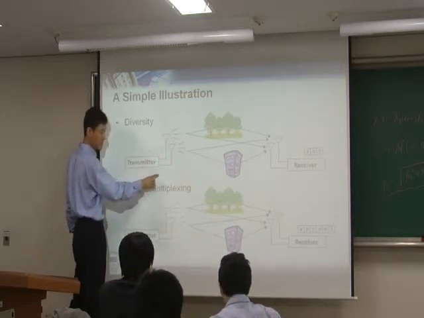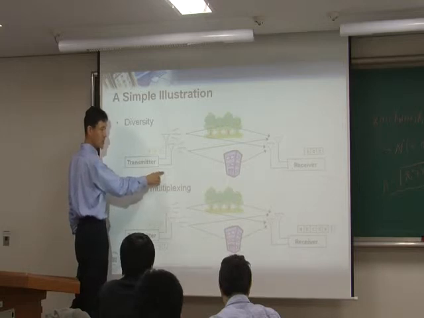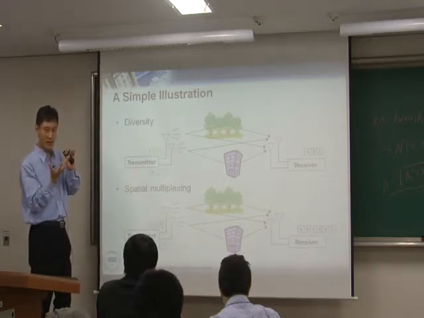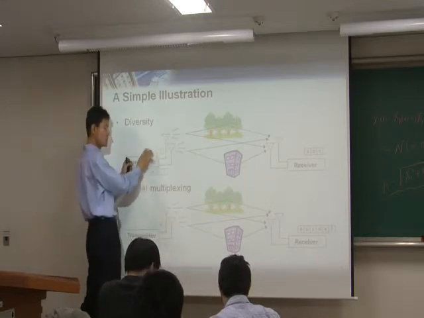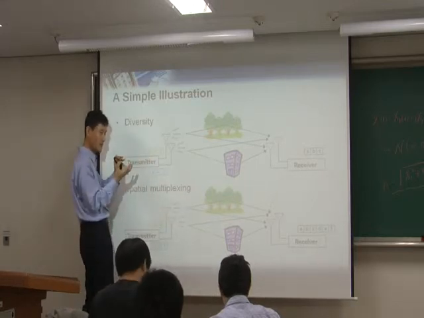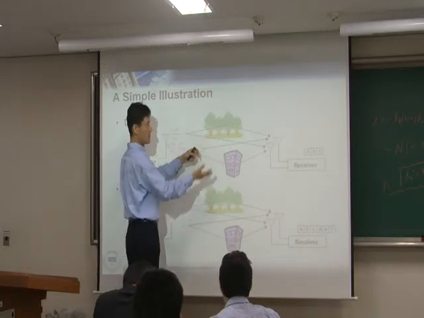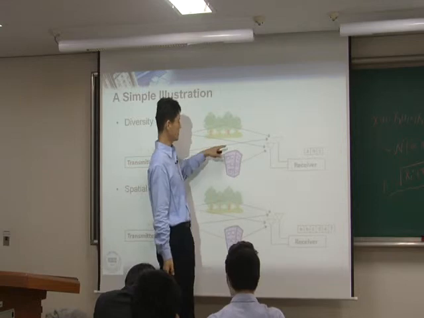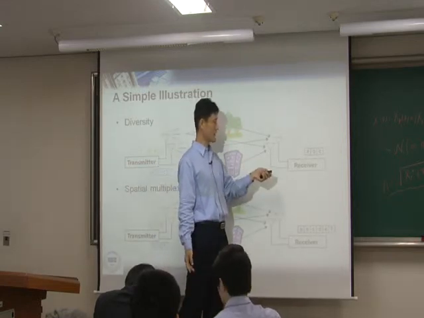Still it's ABC, but I do A prime, B prime, C prime. So it still contains the ABC, but I change it to a different form. The original information is the same, but I make it different. Then I transmit. At the receiver, you receive all these things and then recover the ABC.